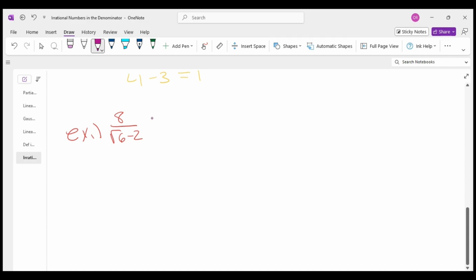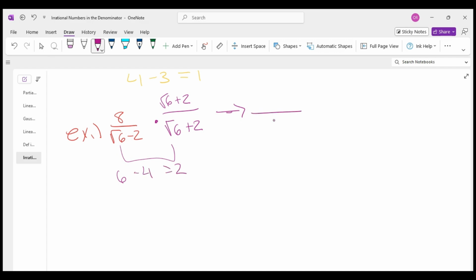So we would treat it just the same as our last problem, but instead we would do the square root of 6 plus 2, and then do that same to the top. And then what we would get here is we would get 6, and then negative 2 times 2 is negative 4, and so it would just equal 2.